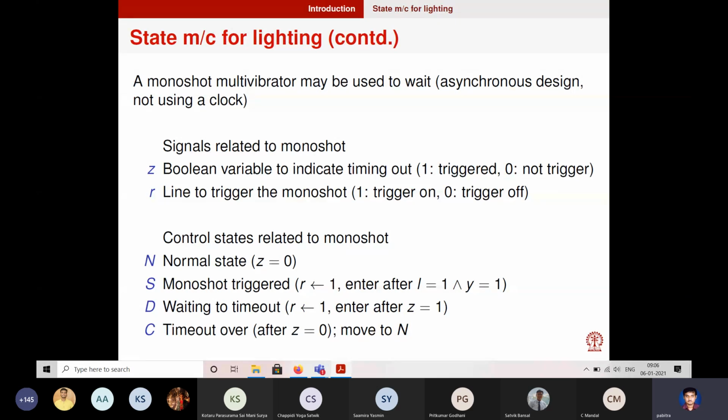Again, referring to programming, whether you use a monoshot or a counter depends on what operations you can do. Say you are programming in C, you have a certain set of operations. If you are programming in machine language, you have certain other operations. This decides what operations you can use, and your program will be a solution to the problem.